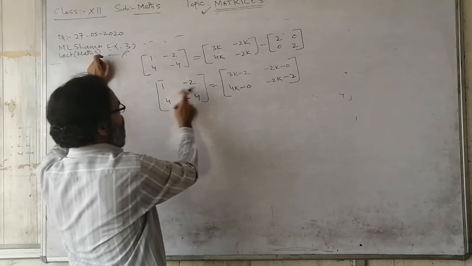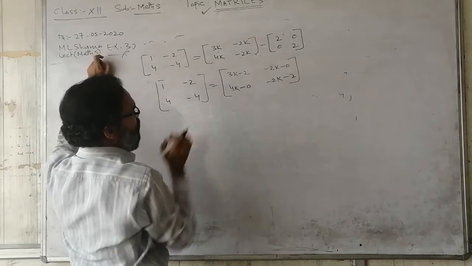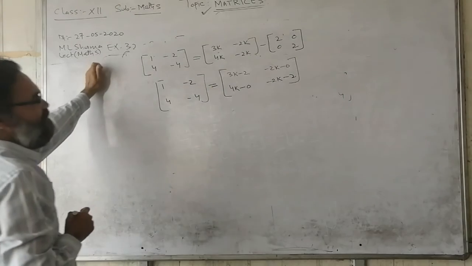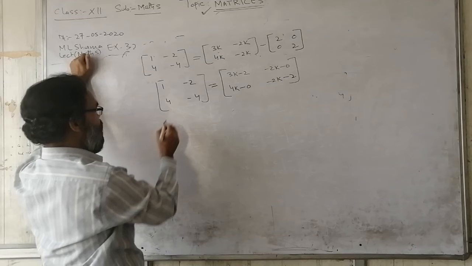So it is a 2 by 2 matrix and both are equal, and when matrices are equal their corresponding elements are equal.